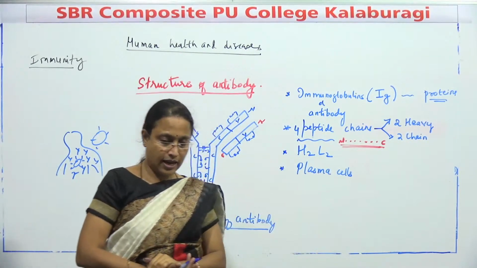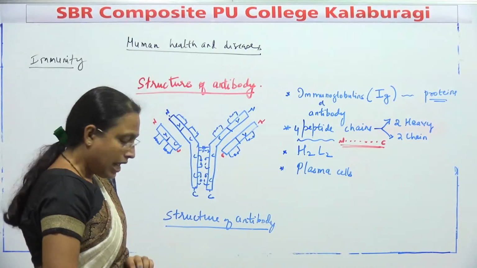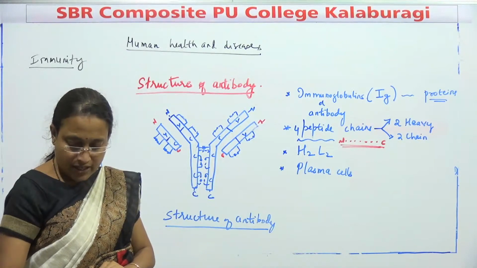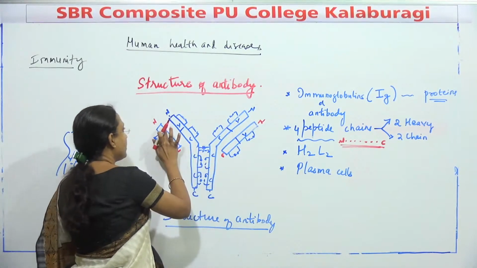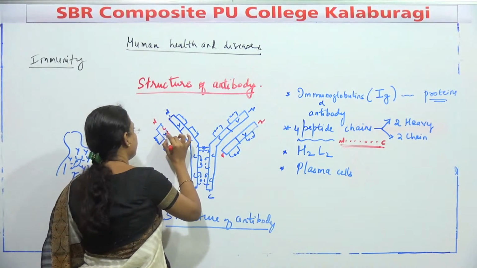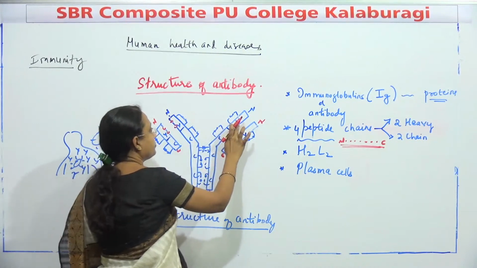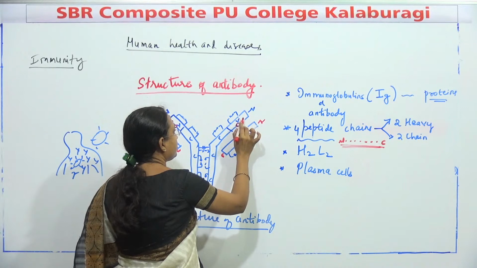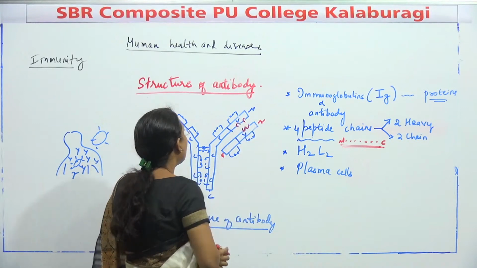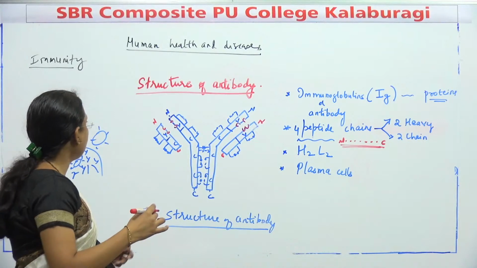So this was about the role of plasma cell in production of antibody. Now seeing some of its labelings, this part is the one where antigen binds.